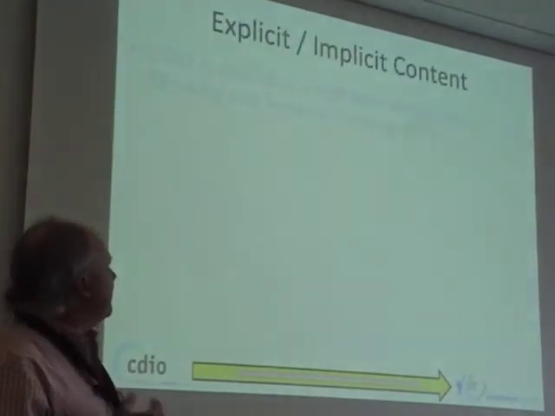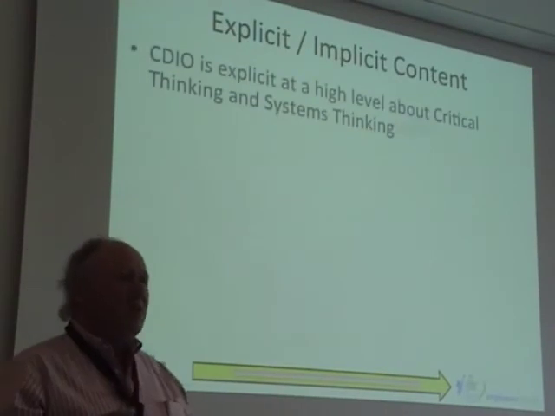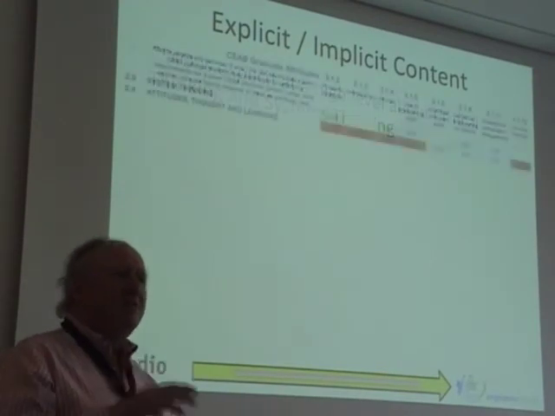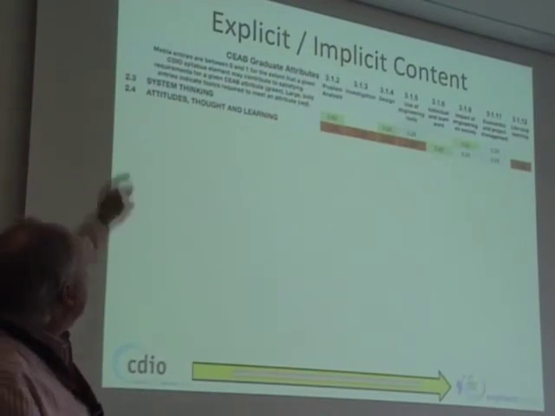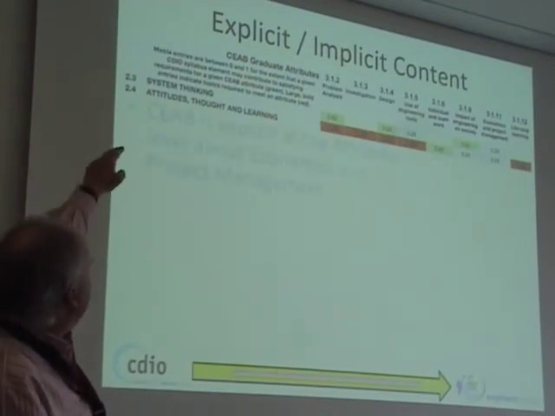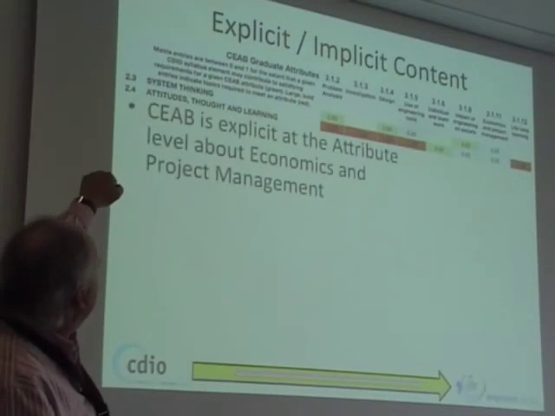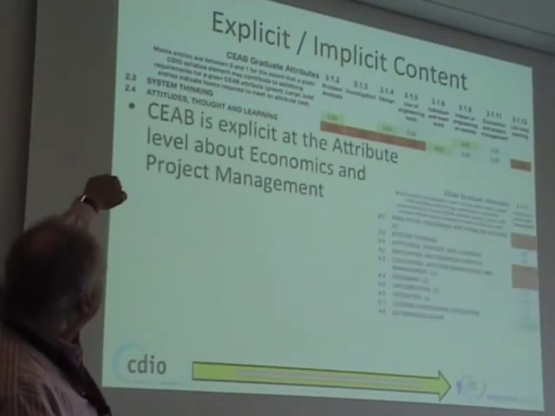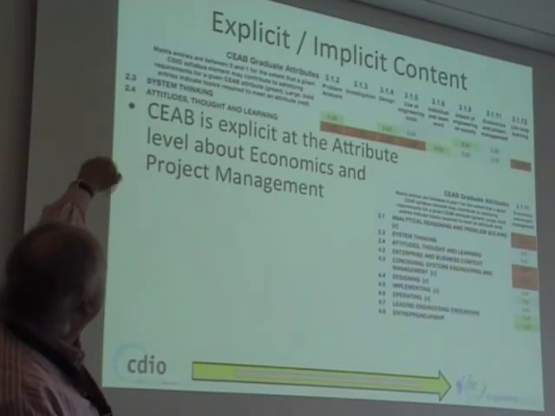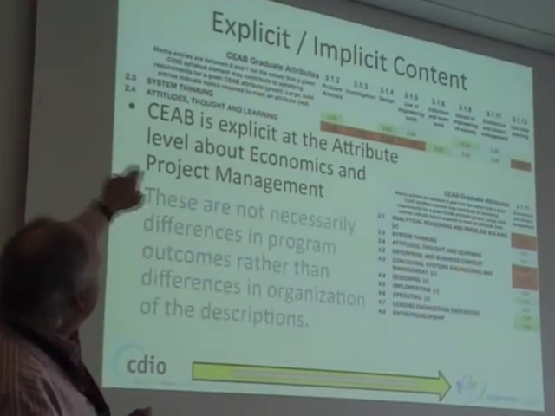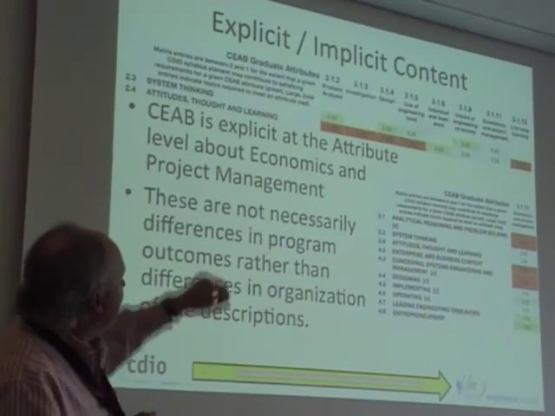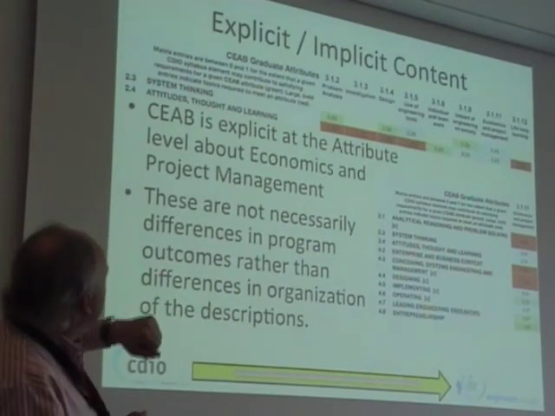And in some cases, there's explicit content in one where the content's implicit lower level in the other. So for instance, system thinking and attitudes, thoughts, and learning, whoops, I got ahead of myself. The system thinking stuff is explicit in CDIO, but not in CEAB.